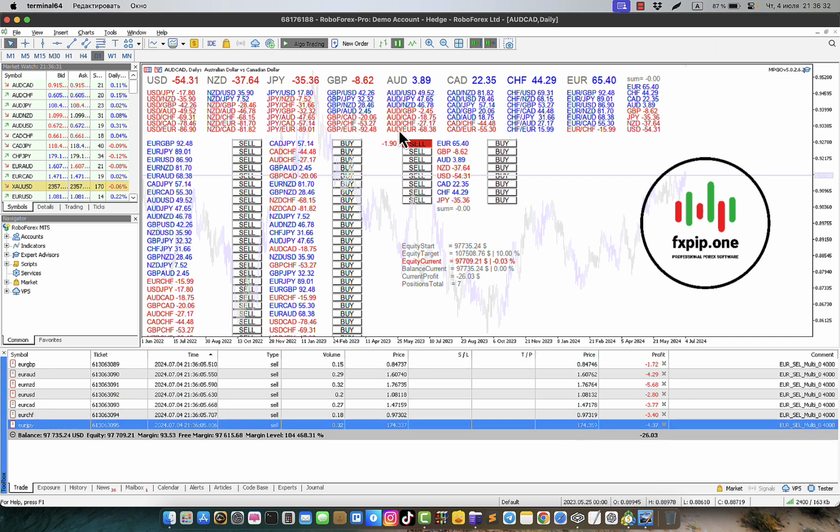So once you see minus 15 pips here, you will open a new multi-sell, your sell multi number 1 here will be.